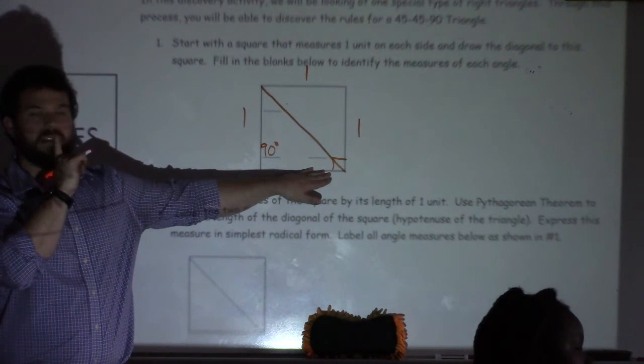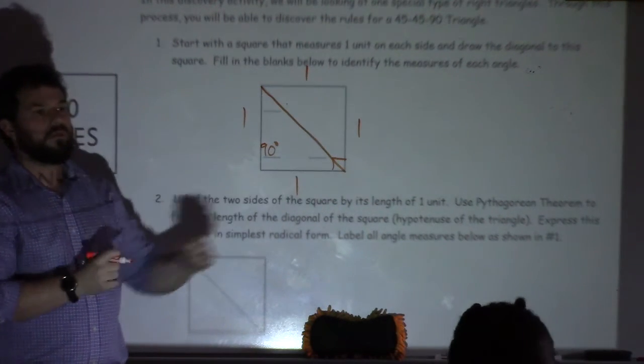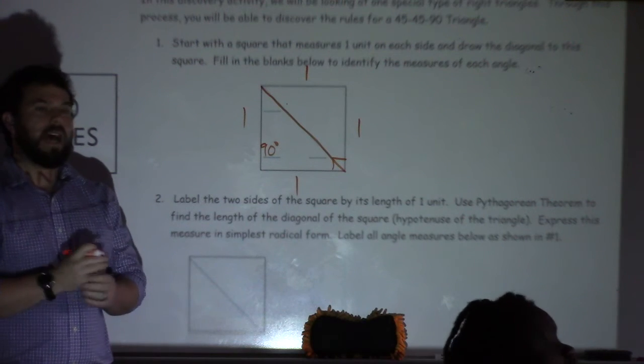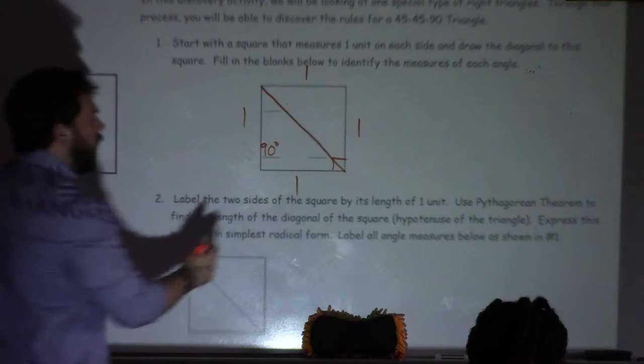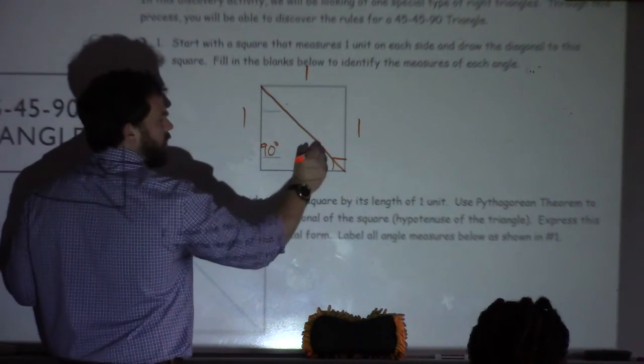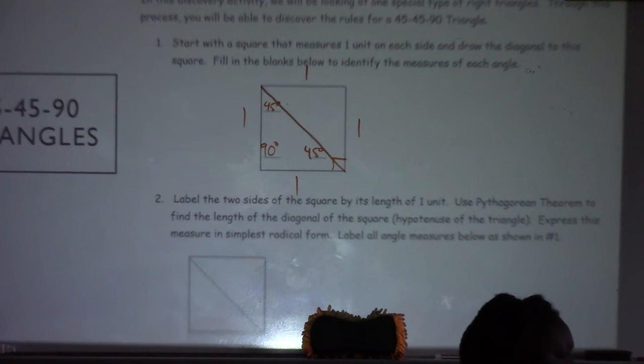And what are we doing to that 90 degree angle? We're splitting it in half. That diagonal is splitting that angle in half. So what are these two angle measures? So it is a 45, 45, 90.